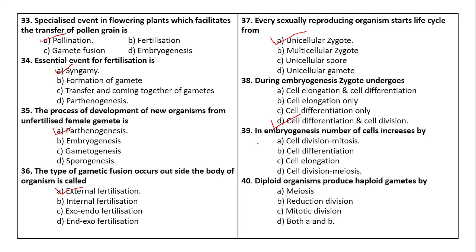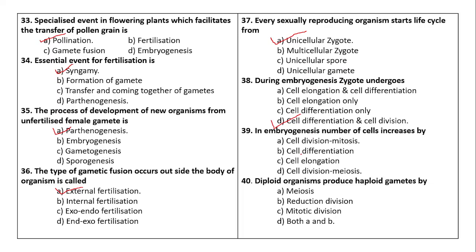And 39th question. In the embryogenesis, number of cells increases by: during the embryogenesis, zygote will form the embryo. Zygote is single celled, embryo is multiple celled. So single celled zygote will form multi-celled embryo by means of what? Cell division.